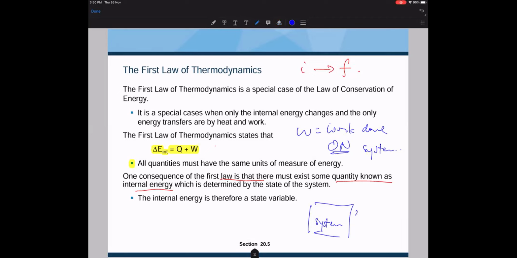If W is positive, it means that the environment does work on the system, and usually that means the system would gain energy. Of course, it depends also on Q. If Q is negative and larger than W in value, then the system still loses energy. But at least when W is larger than 0, the surrounding environment provides some energy to the system.